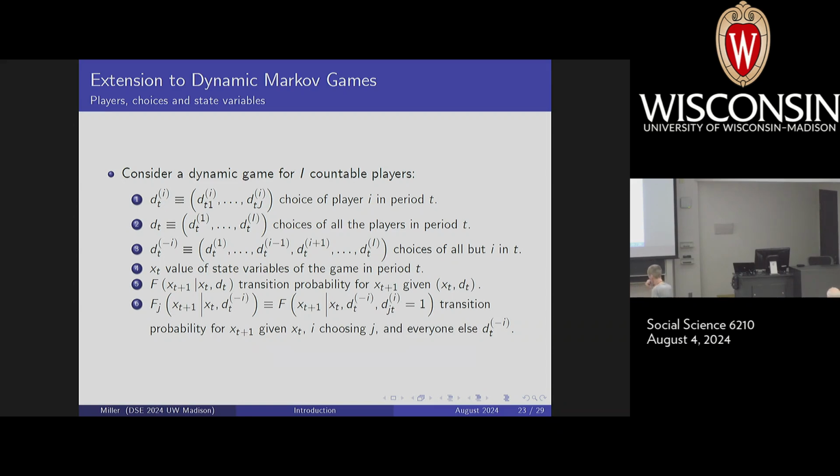So here we have a set of state variables for the whole industry, all the firms, with their capitals, endowments, whatever.